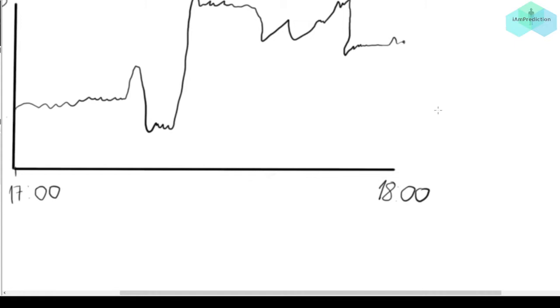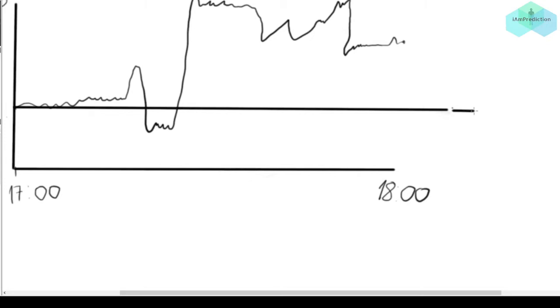So the open, let's draw it like this. The open is at this point here, right? So we have it like this. The close is at this point over here, right? So we can get it like this. And this is how we get the body.